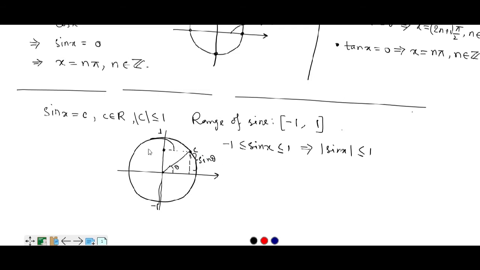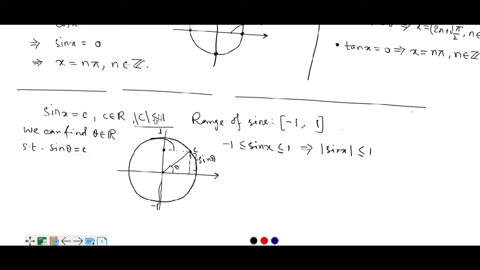So for every such value of C obeying this condition, we can find a theta belonging to R such that sin theta is equal to C.